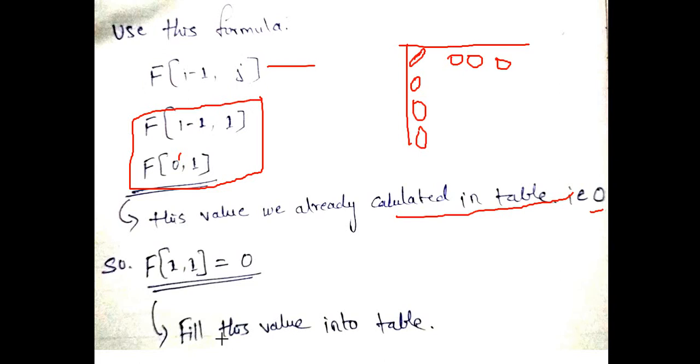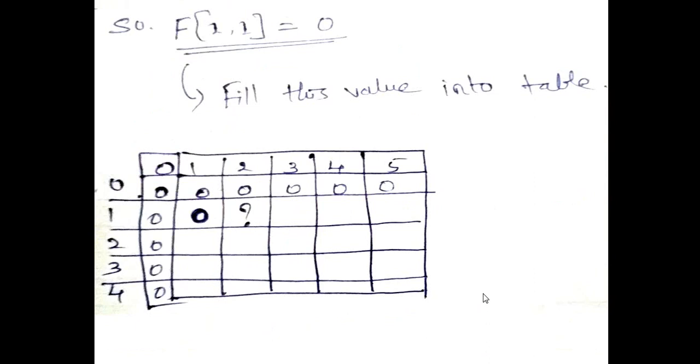So f of 1 comma 1 is how much? 0, because we see in the table. See here, 1 comma 1, how much? 0. So here we write 1 comma 1, 0.